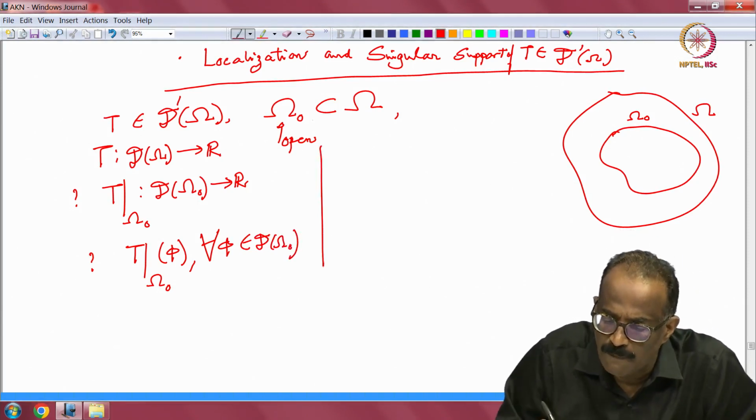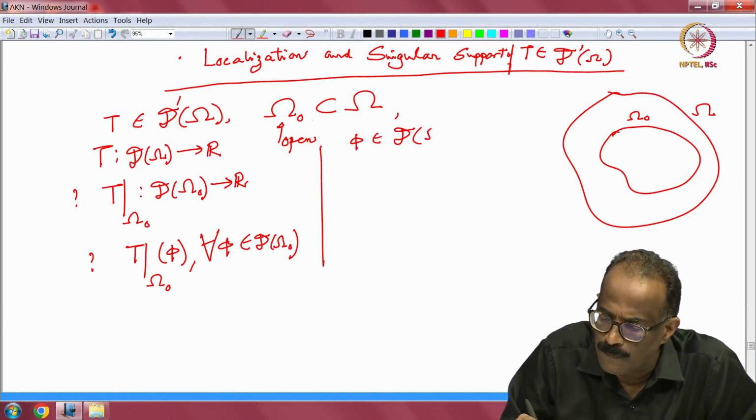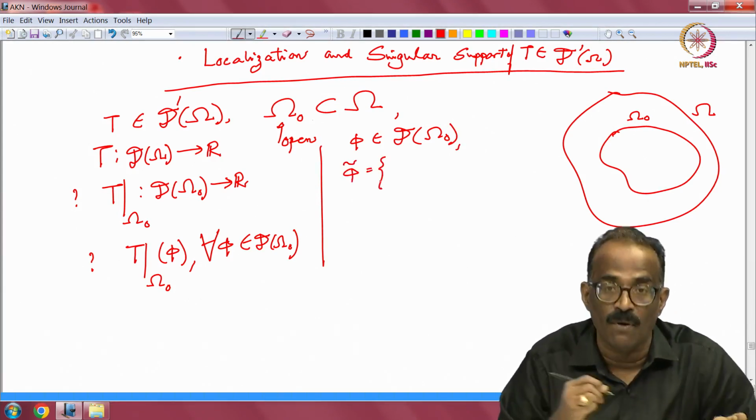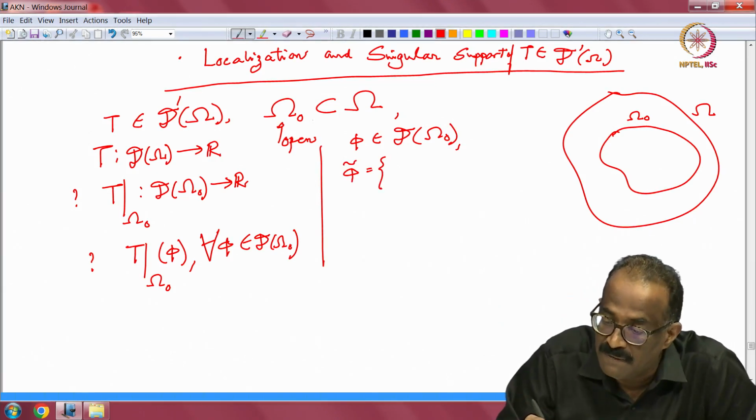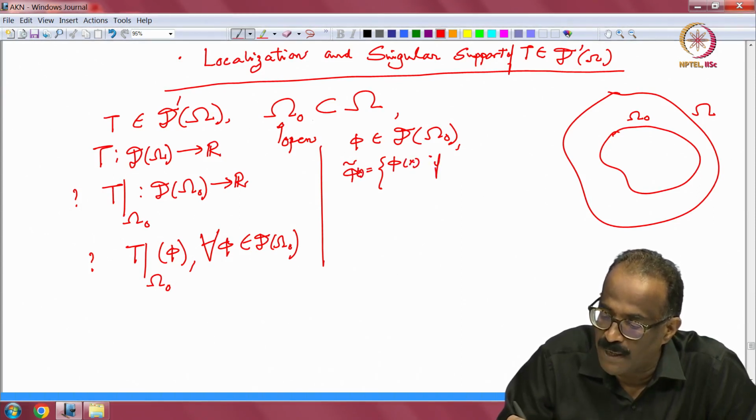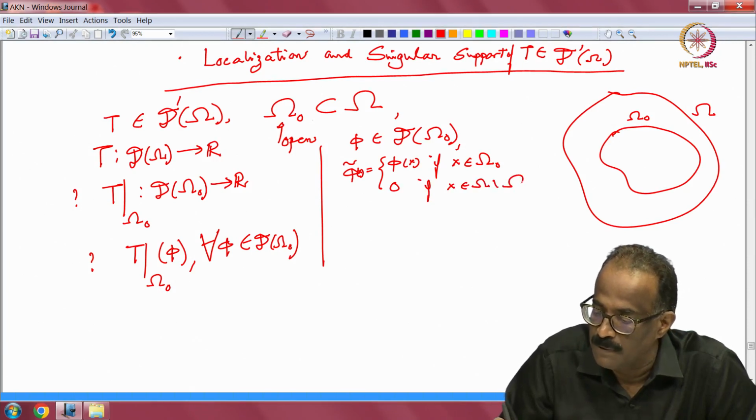So if you take phi in D omega naught, you define phi tilde as a trivial extension. We call it a trivial extension: phi tilde of x is phi of x if x is in omega naught, and 0 if x is in omega minus omega naught.